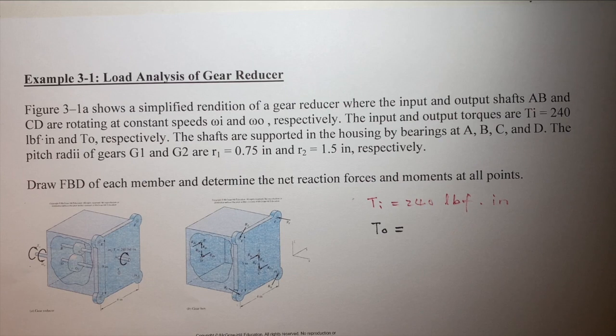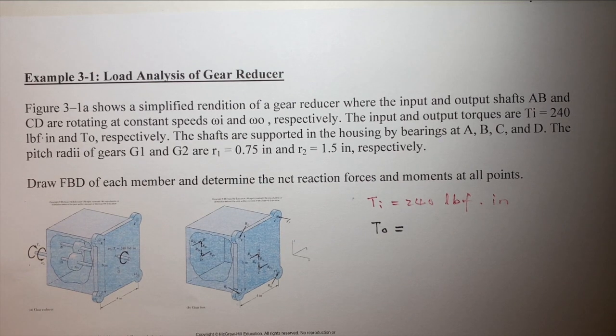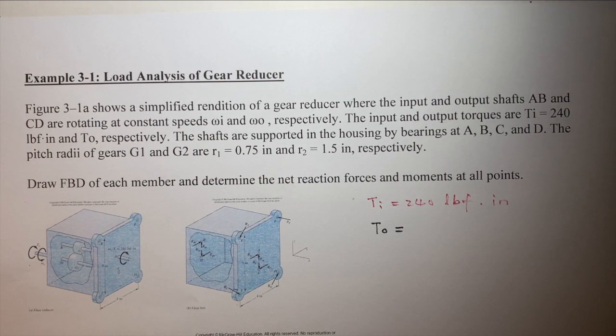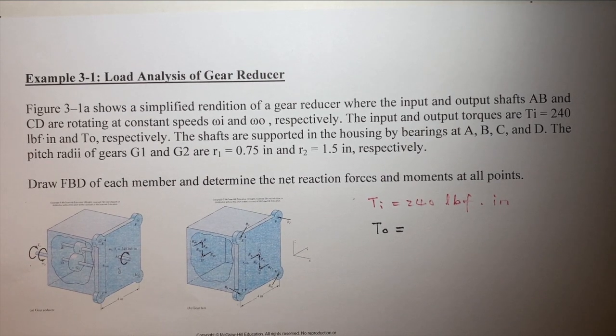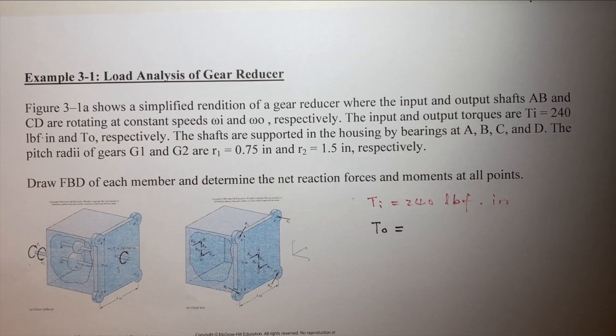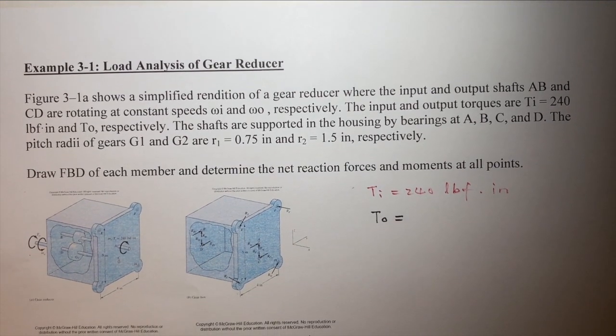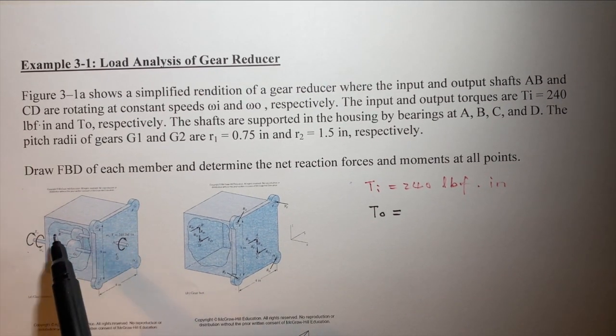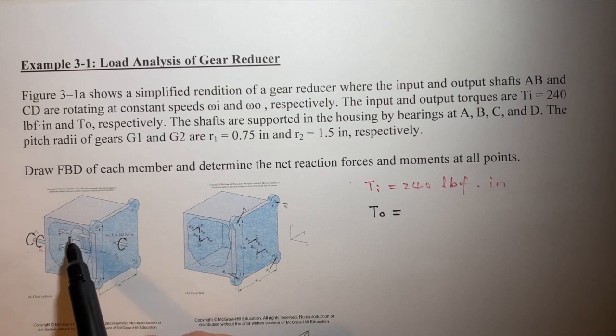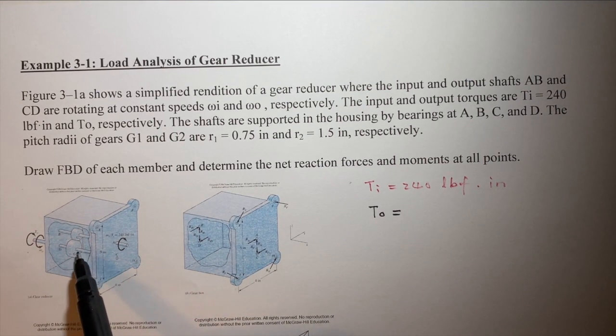So let's look at this problem. Yeah, this is a gearbox. Inside this gearbox, we have input shaft AB and output shaft CD.